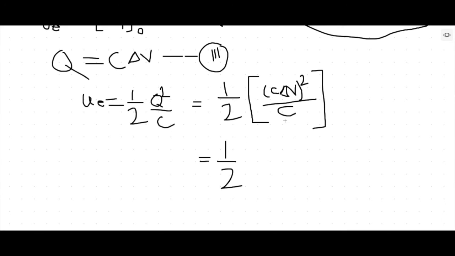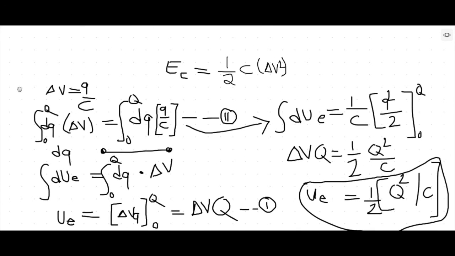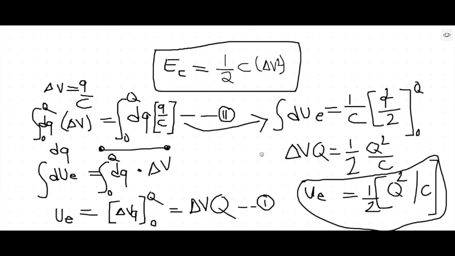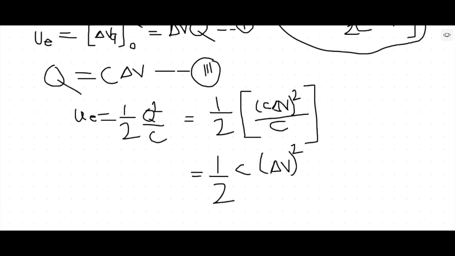I can cancel C with one of the C's from here, and I will get 1/2 C delta V squared, which is what the question wants us to find. So this has been found from all this work. Thank you.